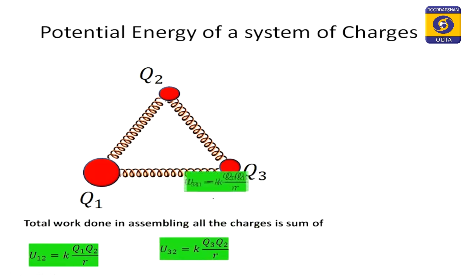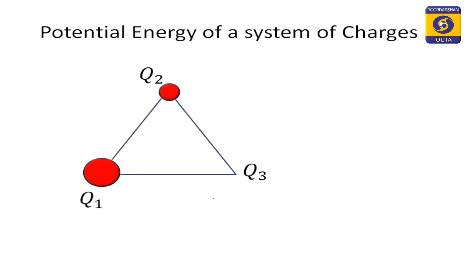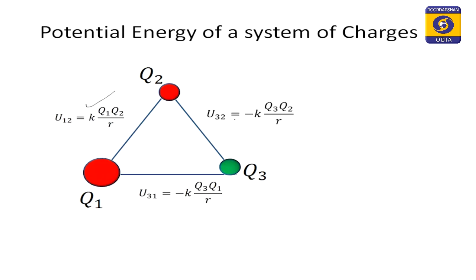Suppose I have a negative charge, then the energy will be positive for positive charges and energy will be negative for negative charges, and the total energy is the sum of all these energies. So, students, this energy belongs to this system.